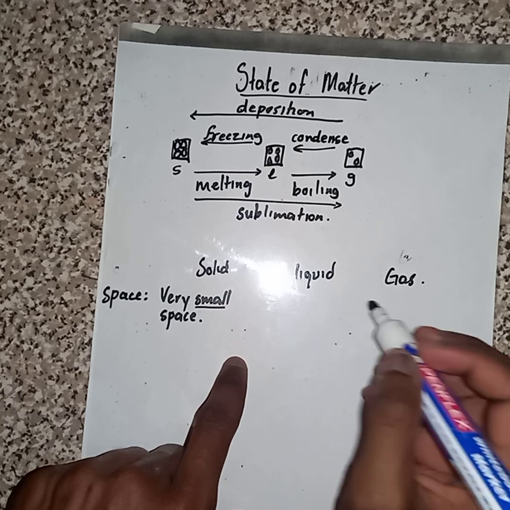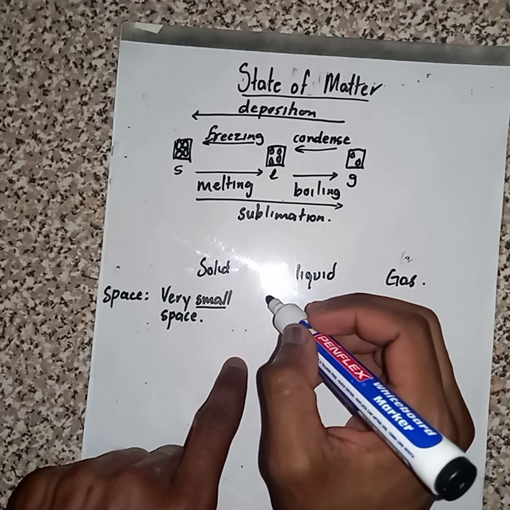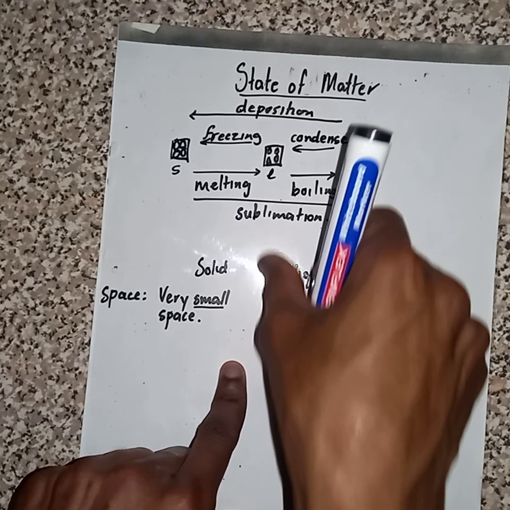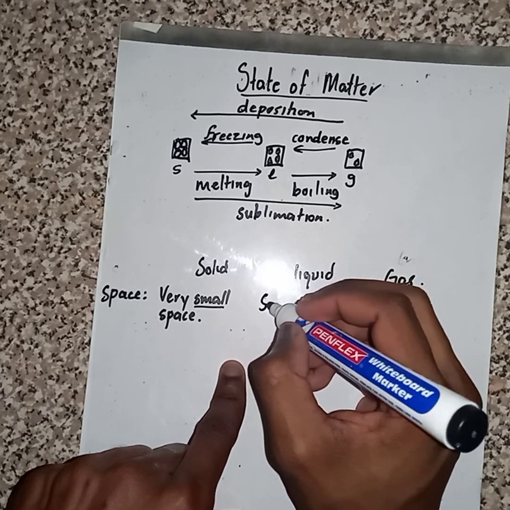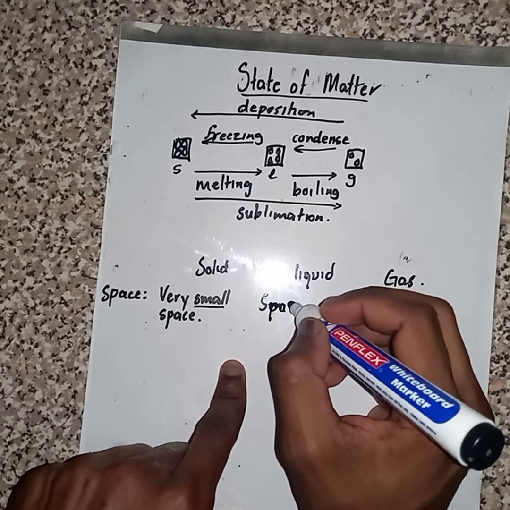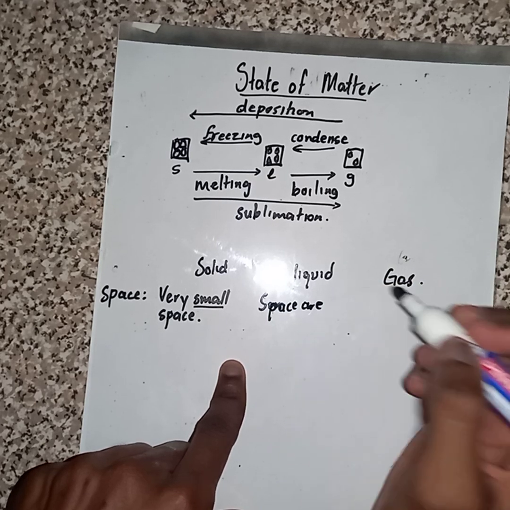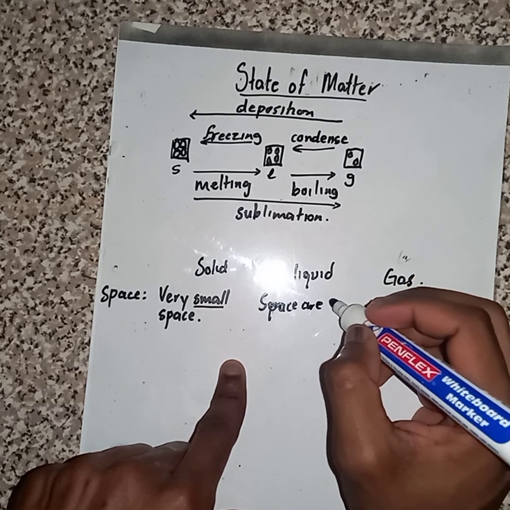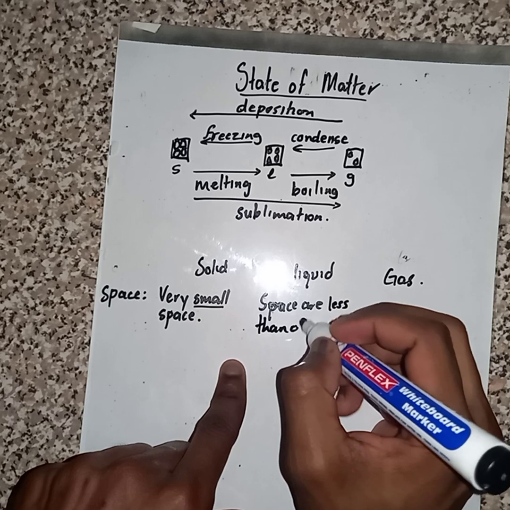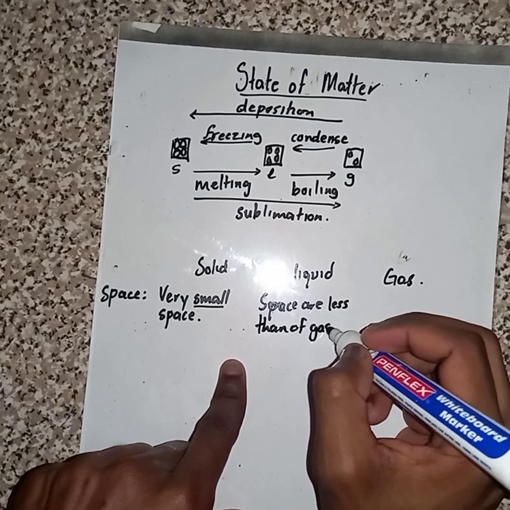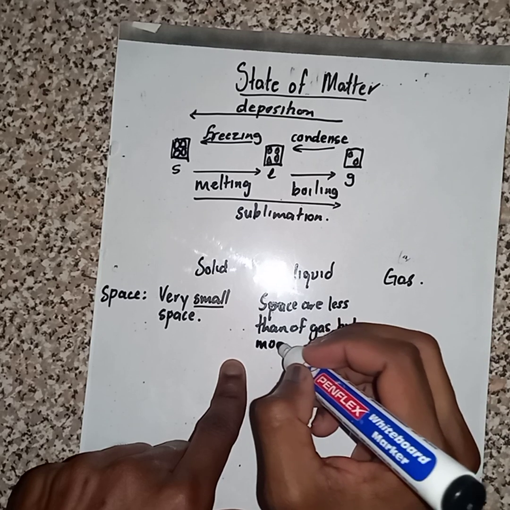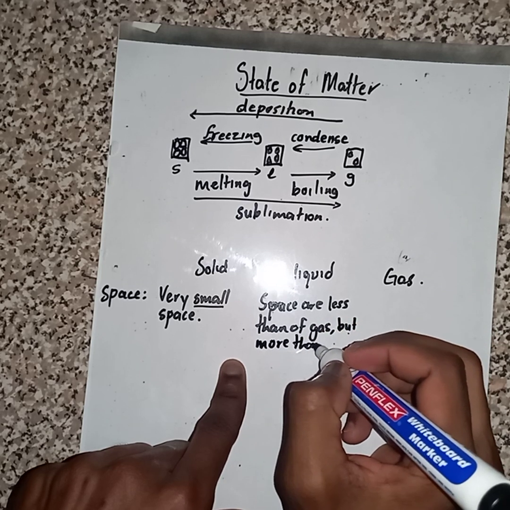See now, let us consider liquid. Its spaces, let me write like this: spaces are less than of gas, but more than of what?